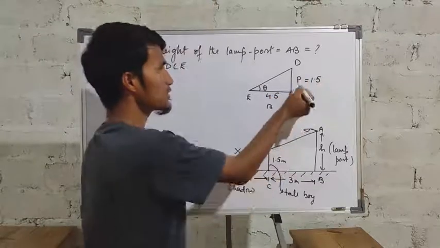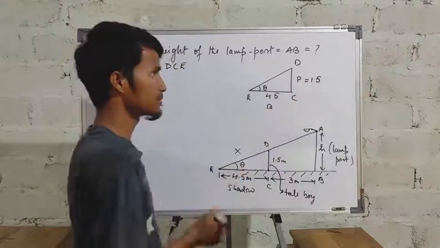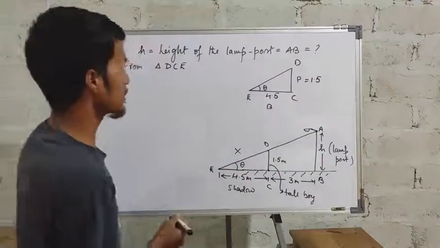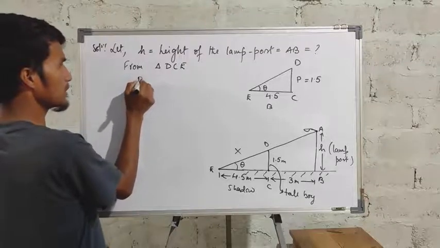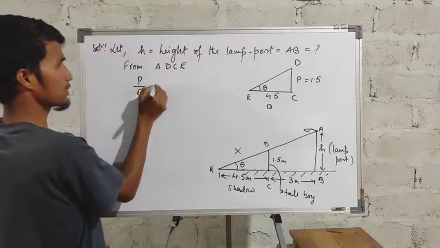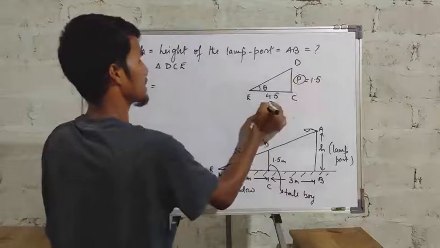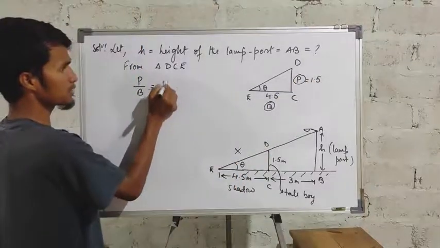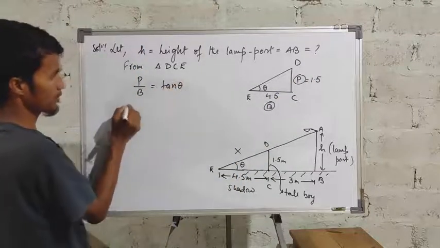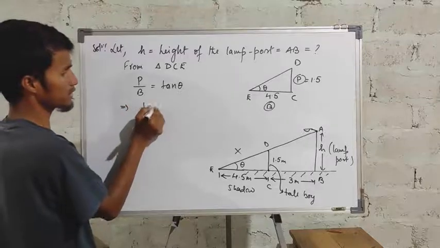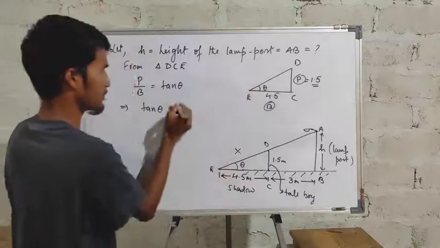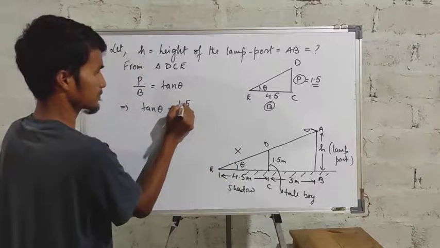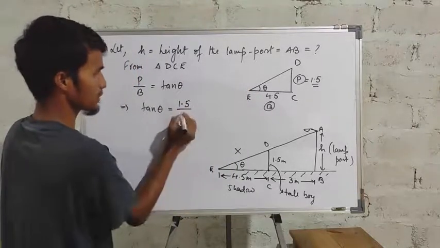Now what's the relation between perpendicular and base? P by B is equal to tan theta. Then tan theta is equal to P, which is 1.5, then base is 4.5.